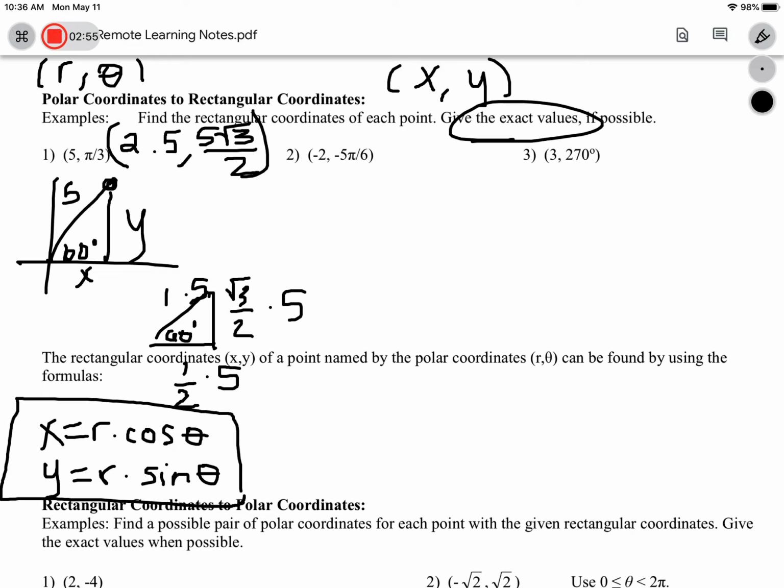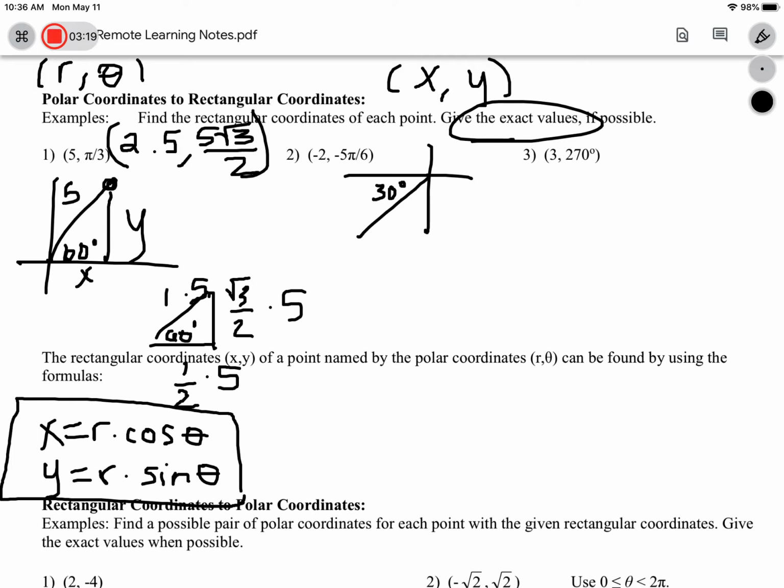Okay. Looking at number 2, this one has negatives. When I see negatives, I still do it the same way. So I find the angle, negative 5 pi over 6 is going to be in quadrant 3. Okay, and it's 30 degrees away, right? That's like negative 150 or positive 210.